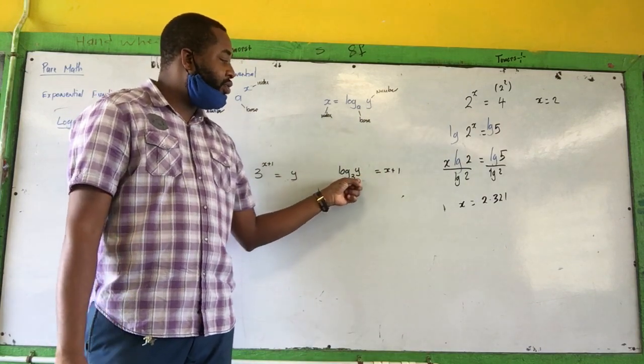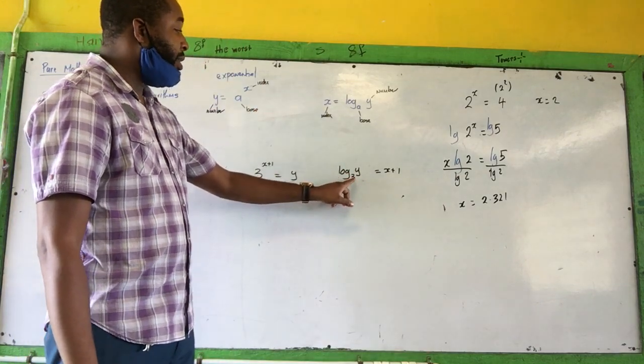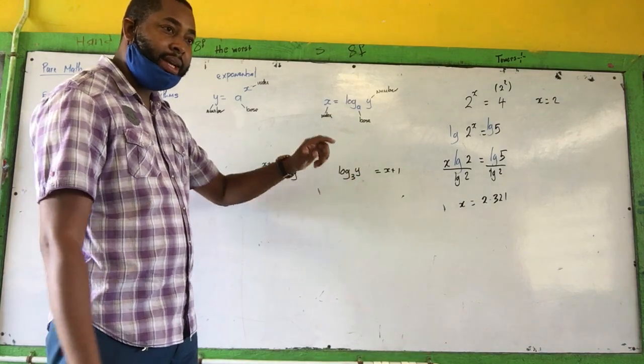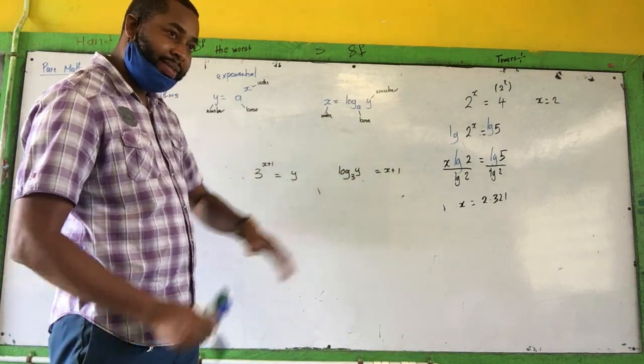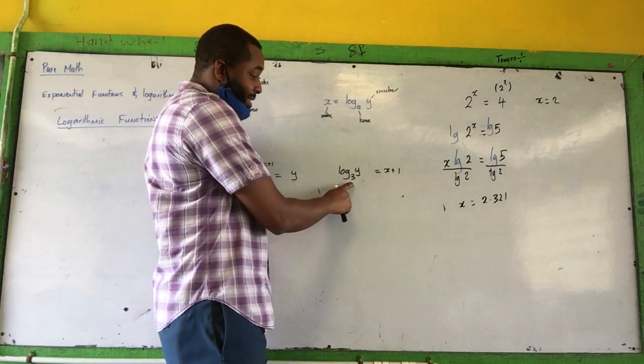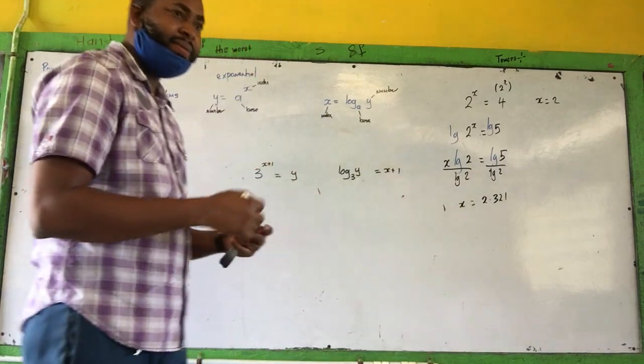So it's log to the base 3 of y. What this is saying is, what we're trying to raise 3 to, to get y. That's really what this means. And that is what you're going to solve for.